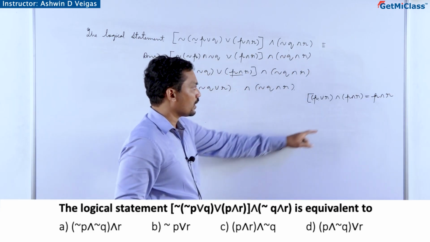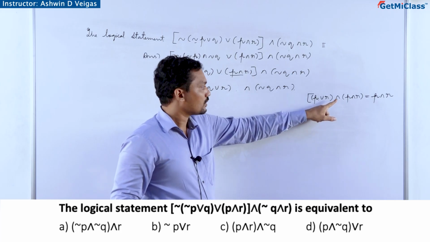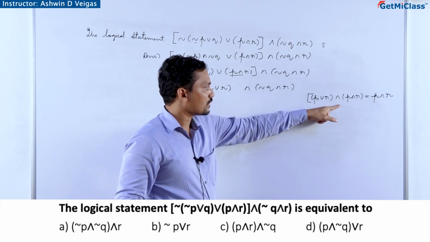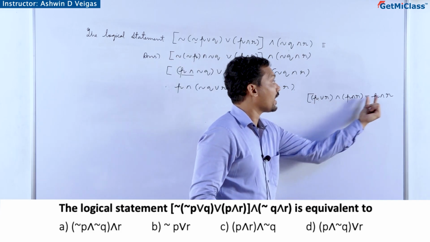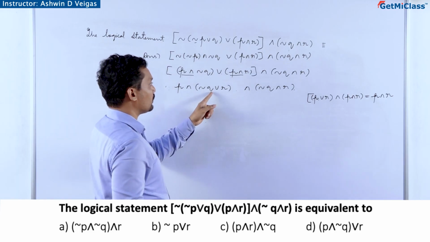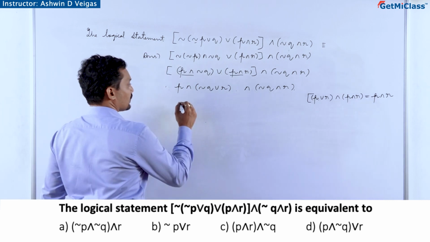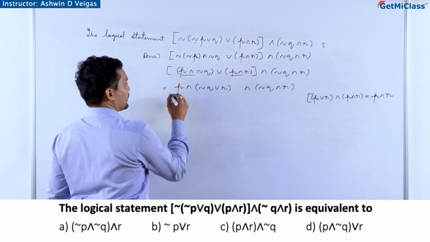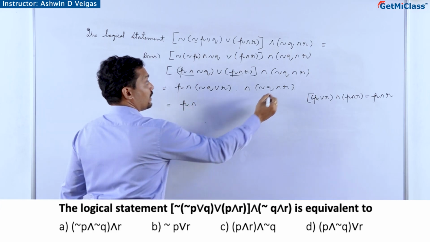And suppose you have OR in the middle, instead of this AND, then the answer will be the other one, P or R. So, in this case, P and R is the answer. So, therefore, according to this, this will become this. So, negation of Q and R will be the answer. So, you will get this as P and the AND term will be the answer.